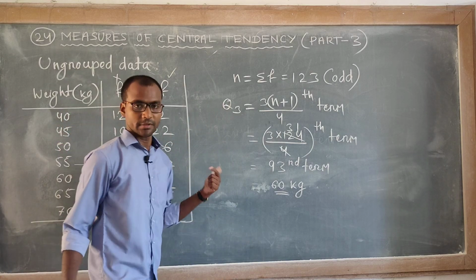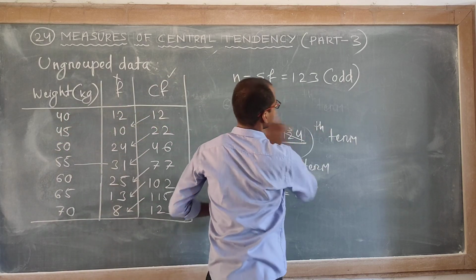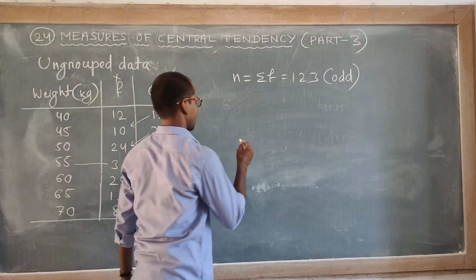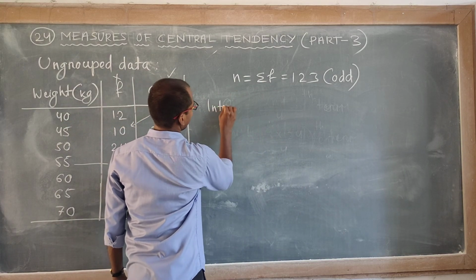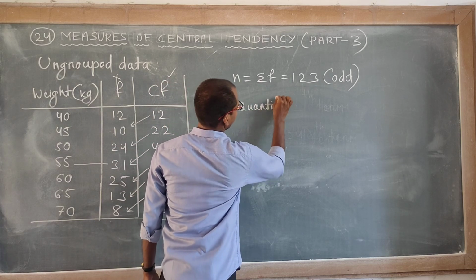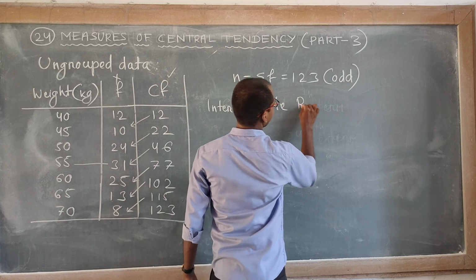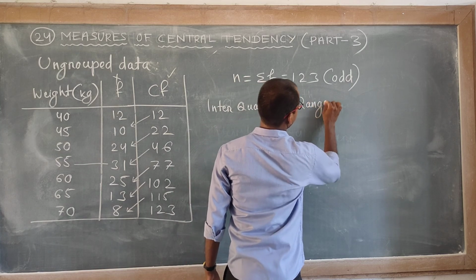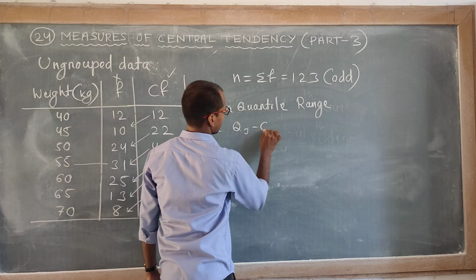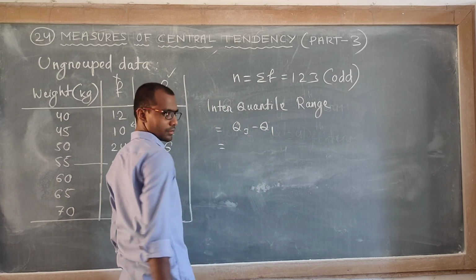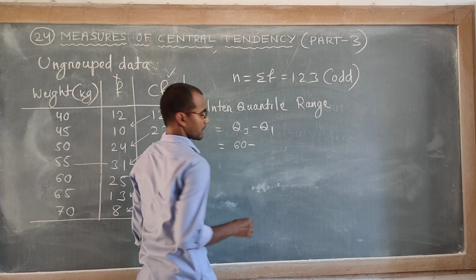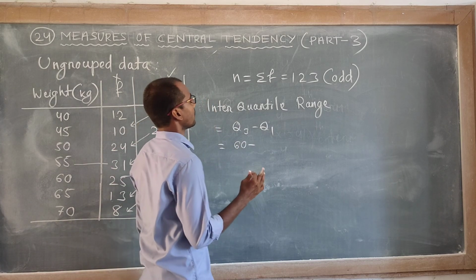Next is the interquartile range. The formula is Q3 minus Q1.